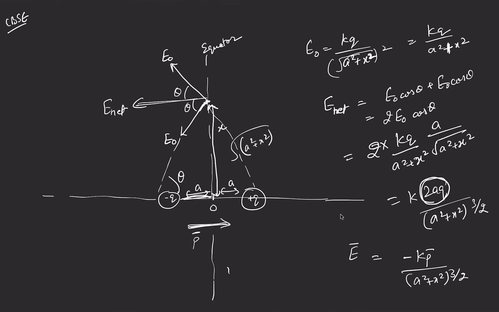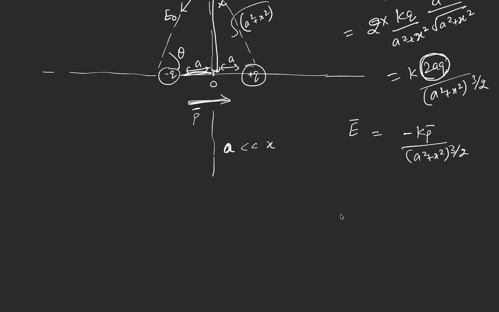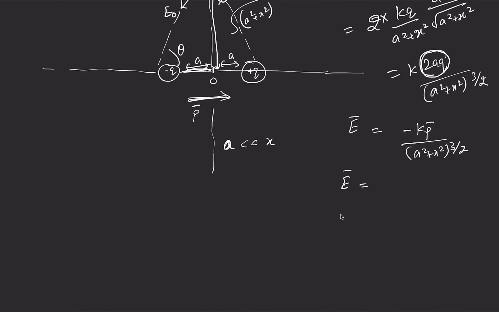And if a can be ignored, basically the distance from the origin is very large, in that case our E vector is simply minus k P vector by x cube, which is equal to minus p upon 4 pi epsilon naught x cube.